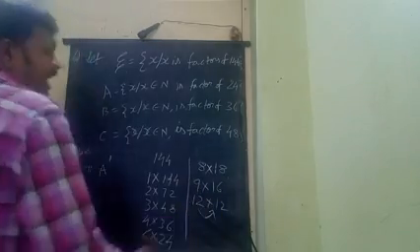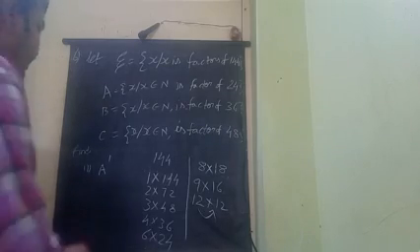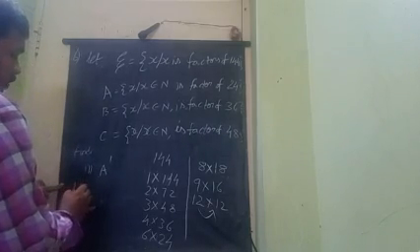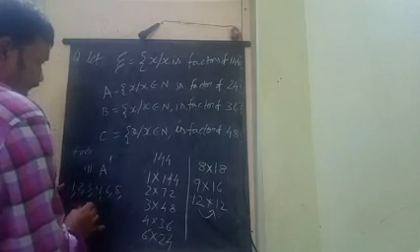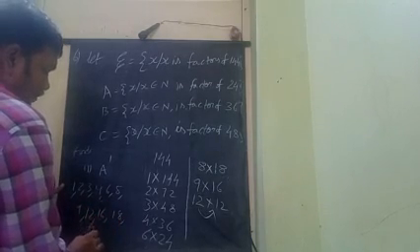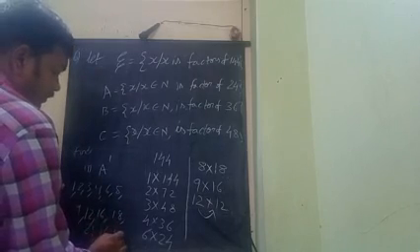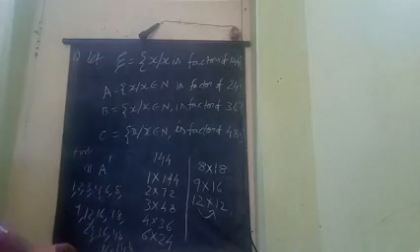So repetition came. Up to where repetition comes, we have to write all the numbers. That means the factors of 144 are 1, 2, 3, 4, 6, 8, 9, 12, 16, 18, 24, 36, 48, 72, 144. These are the factors of 144.